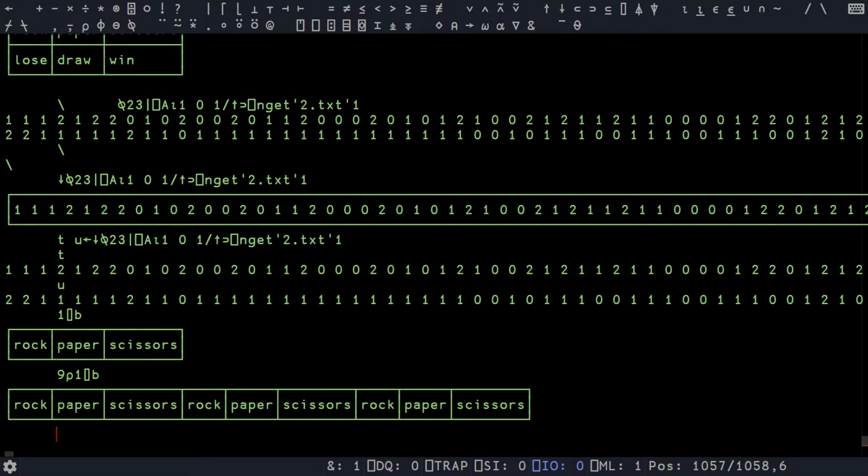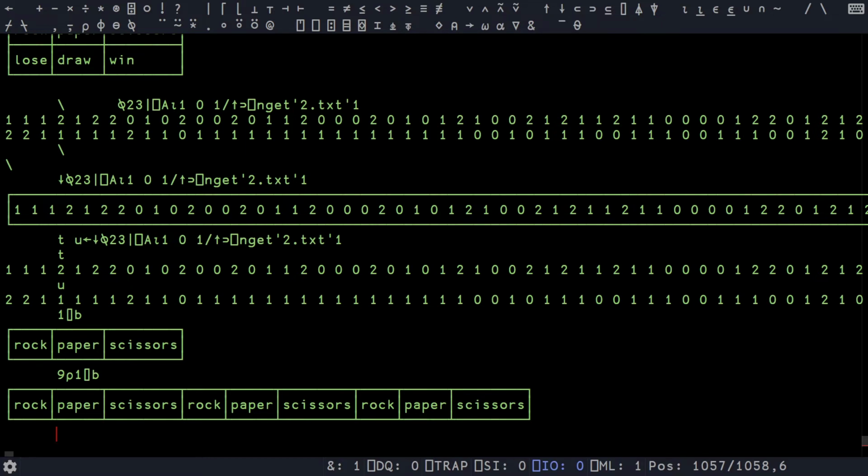So rock wins against the element behind it, right? If they throw paper, then we lose. So rock loses to the element in front of it. Same for paper. If we throw paper and they throw rock, then we win against that, but we lose to the element in front of it, scissors.